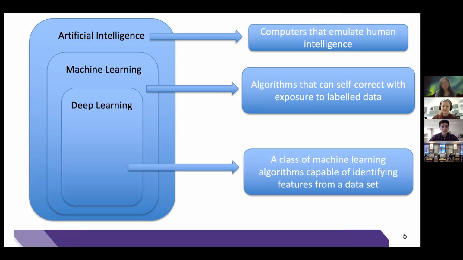And then deep learning is this kind of subclass of machine learning, which is just a natural evolution of machine learning, but basically it is a more complicated algorithm that has more layers of abstraction to it, but it's capable of achieving a lot more.